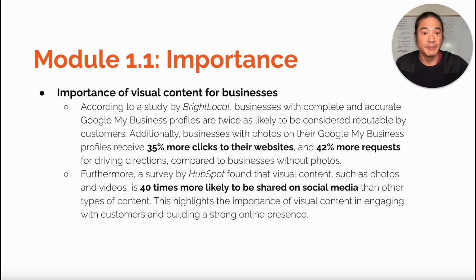Another one is by HubSpot. HubSpot has found that having photos and videos makes you 40 times more likely to stand out on social media. But I'll give you a little anecdote. I'm sure you've all looked for businesses online on your phone, so let's look at one company. We'll call it Sally Sandwiches.